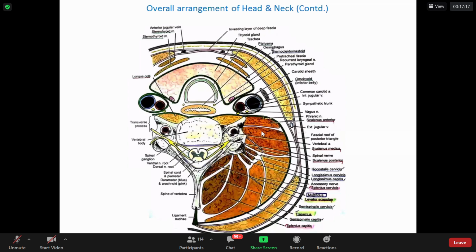Now we can see another very important structure, though it's not actually a nerve, this is the sympathetic trunk. I will tell you about it in detail, but you see just the location of this sympathetic trunk: in front of the prevertebral fascia and behind the carotid sheath's medial aspect, just behind the common carotid artery.